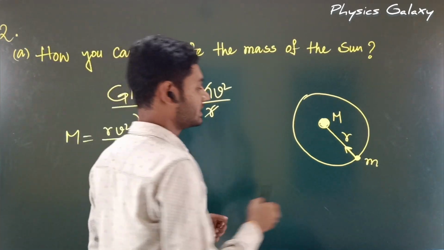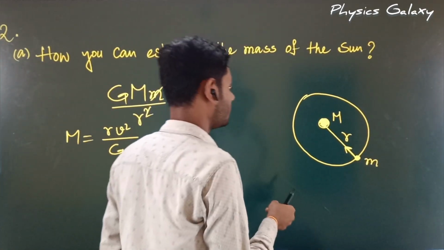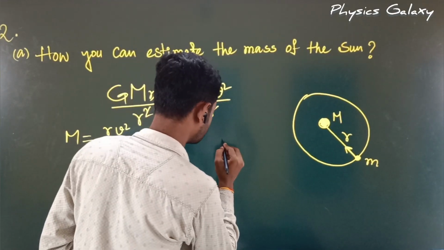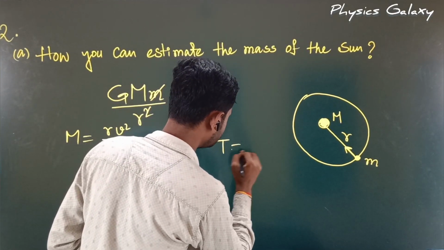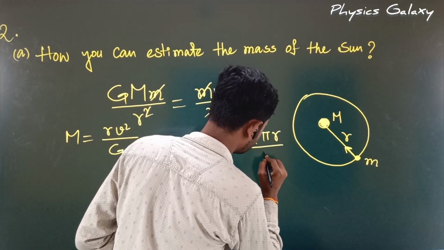Now we know that this earth revolves around the sun, and the time period of this revolution T is equal to 2 pi r by v.